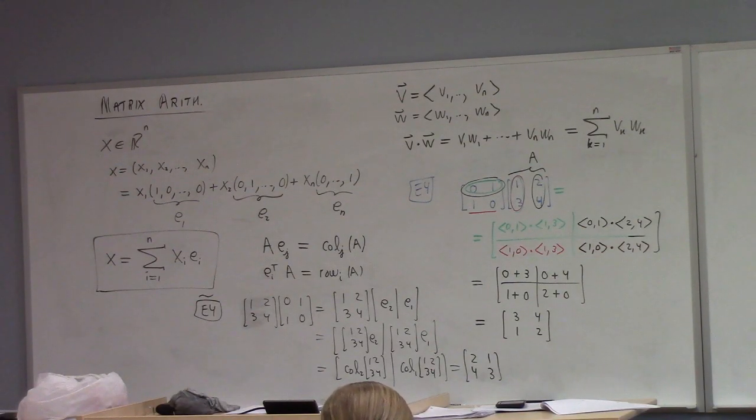By the way, if you multiply the transpose of the standard matrix on the left of a matrix, you pick off the row. This gives me row 2 of 1, 2, 3, 4, and row 1 of 1, 2, 3, 4, which of course is what we found, right?